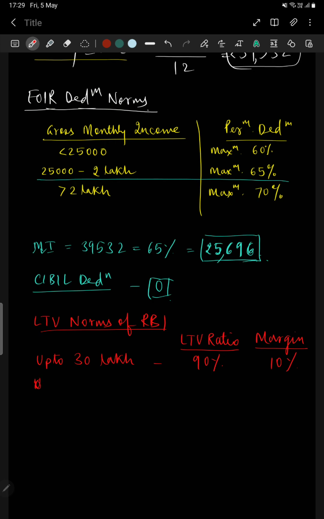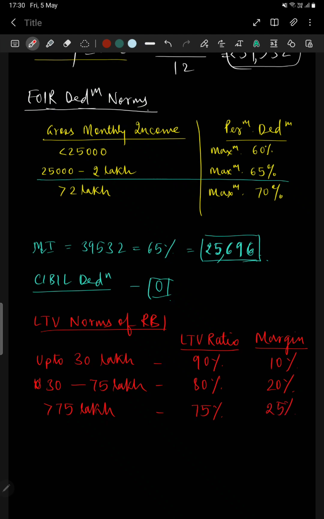If the amount is 30 lakh to 75 lakh rupees, then LTV ratio would be 80% and margin will be 20%, right? Now if it is greater than 75 lakh rupees, then LTV ratio will be 75% and margin will be 25%.